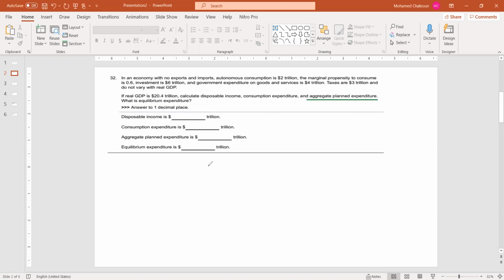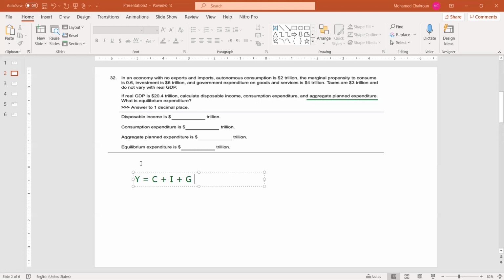So aggregate planned expenditure, Y, is equal to C plus I plus G plus X minus imports.